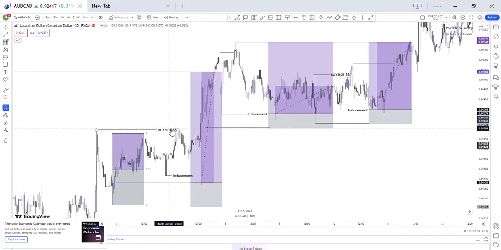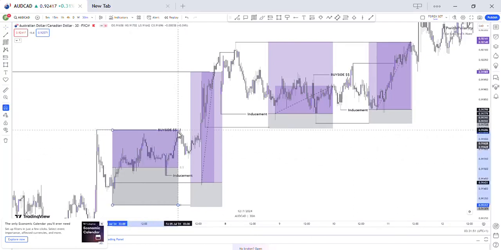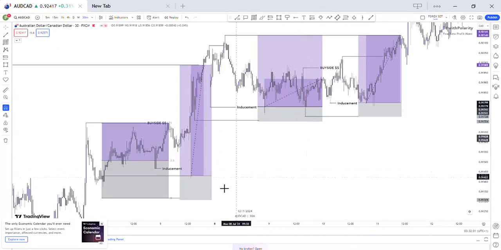So this is a buy side liquidity getting taken out. I want to measure my premium and discount from that particular zone. I want to be looking for my entries at the discount zone because this is a bullish order flow. This turns to my inducement, and this is my order block.